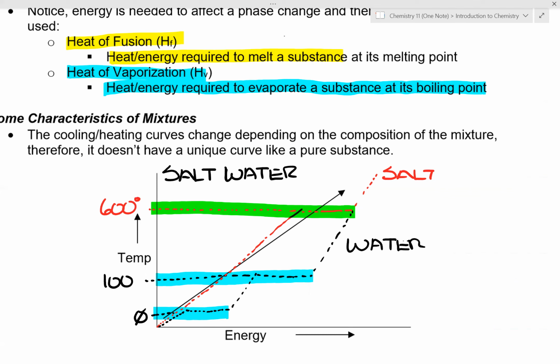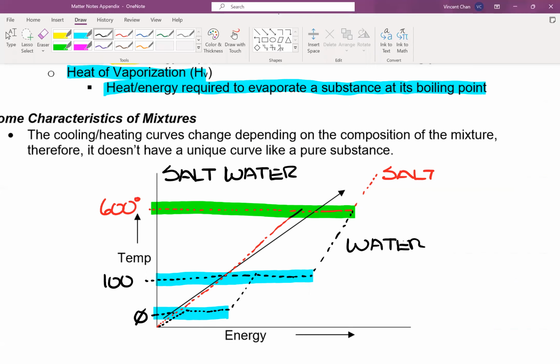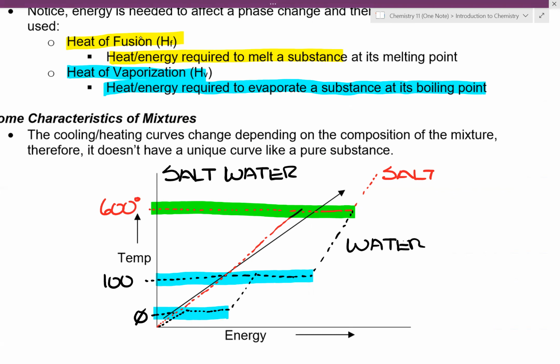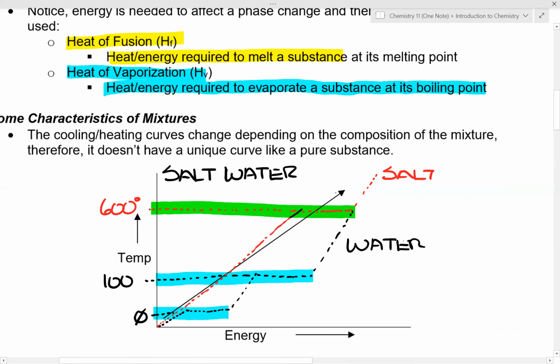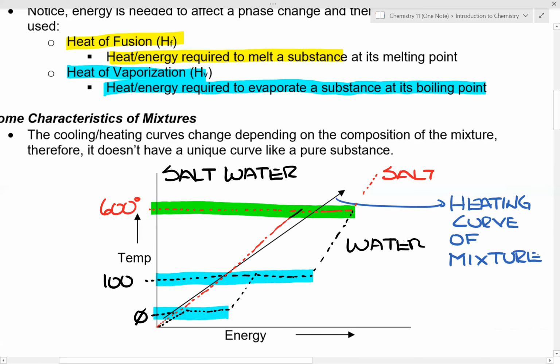And so what happens is you get sort of a straight line graph here, a straight line in terms of the heating curve of the mixture, because it's sort of like a compromise between the two.